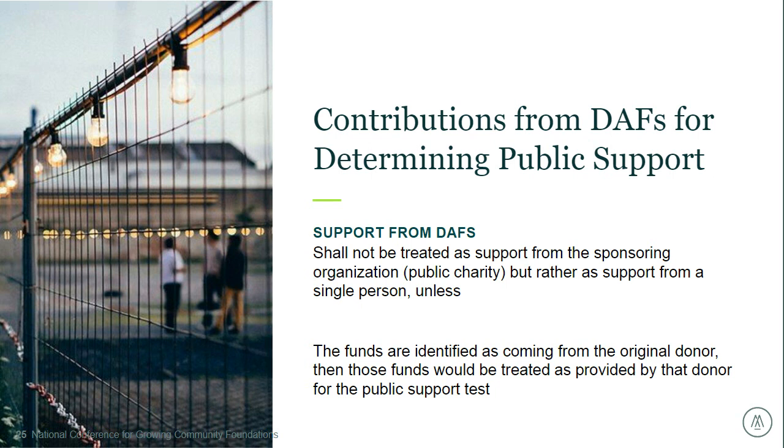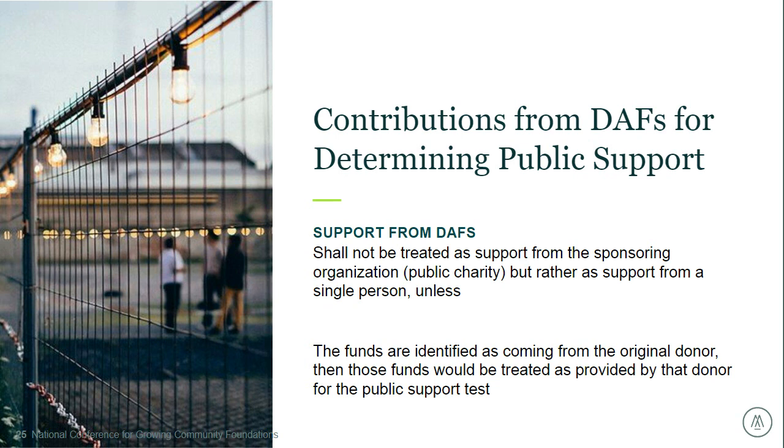So depending on the size of the distribution, you might have a tipping problem, or you might have a problem with lowering a public charity's public support percentage with respect to this rule.